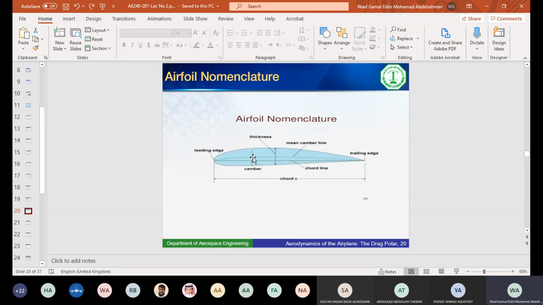The maximum value of that mean camber line above the chord line is called the camber. Okay, and I'm sure you studied some families of airfoils that differ in one or more of these characteristics. Am I correct? Did you study airfoil families with Dr. Gardner?